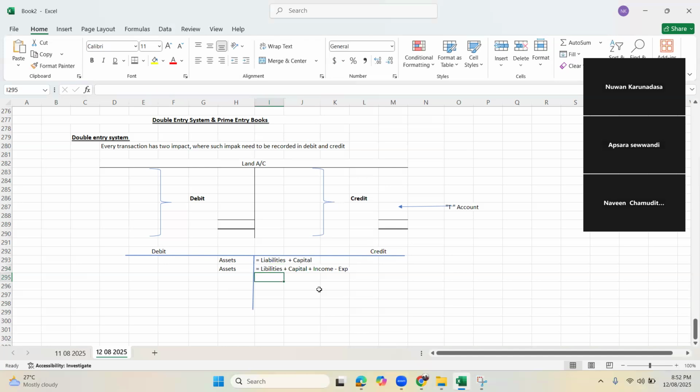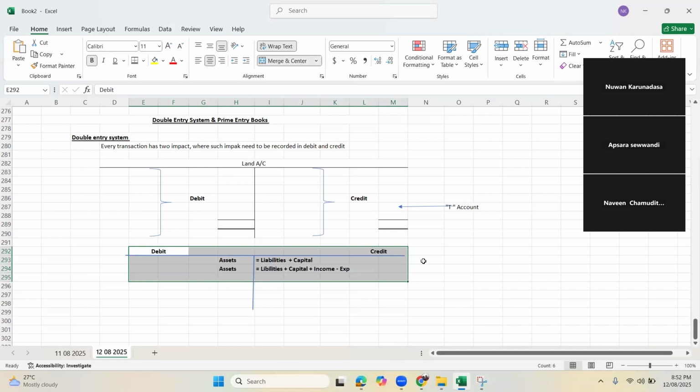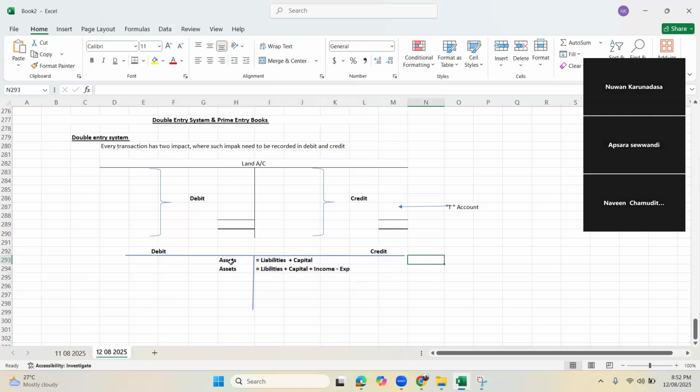Now see here, very, very important. So this is plus, this is plus, capital is plus, income is plus, but expense is minus. To make it plus, I will take it to the other side.